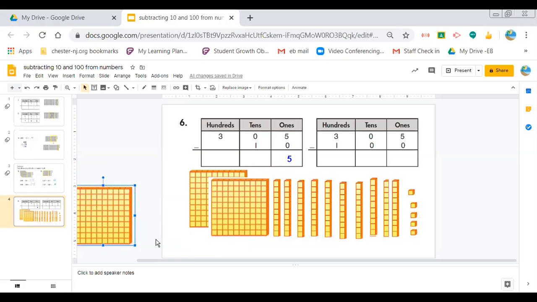Put that off to the side. Now we're looking at our screen. Now I have the same number, it still equals 305, but I exchanged my one block of 100 for 10 sticks of 10. So now I can subtract 10 from 305. I can take one group of 10 away so I know what my answer is.